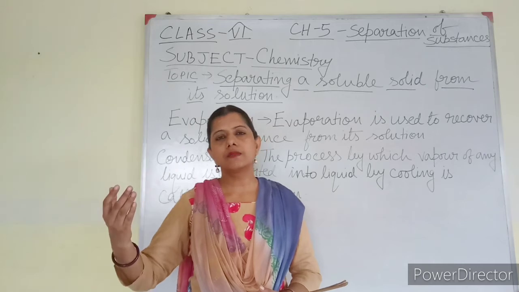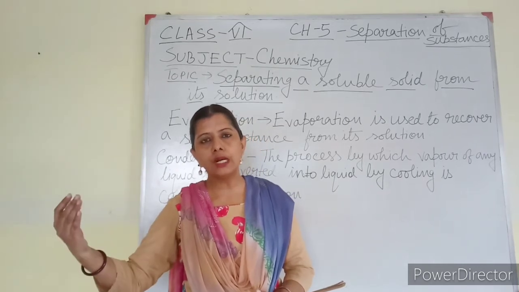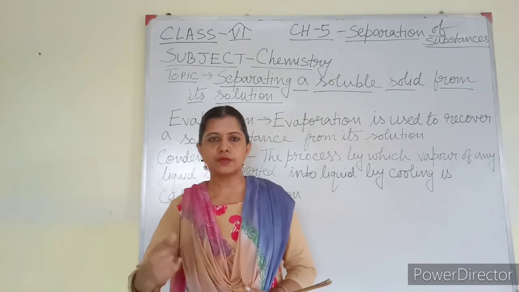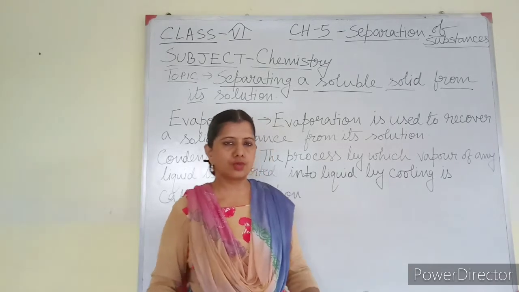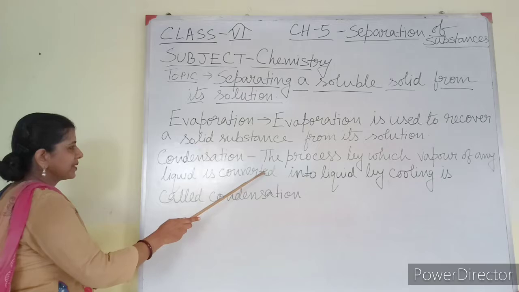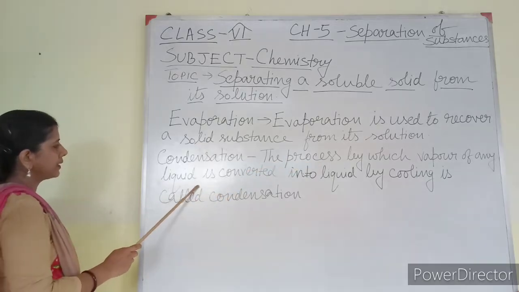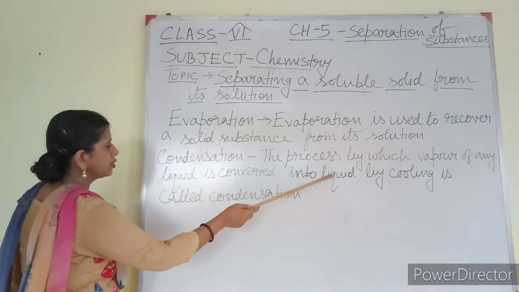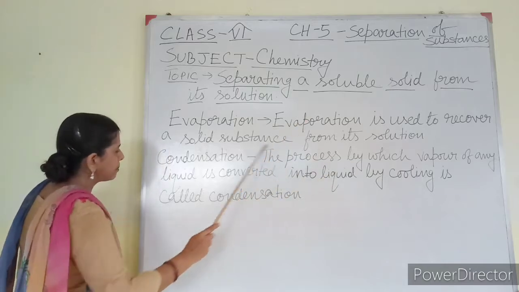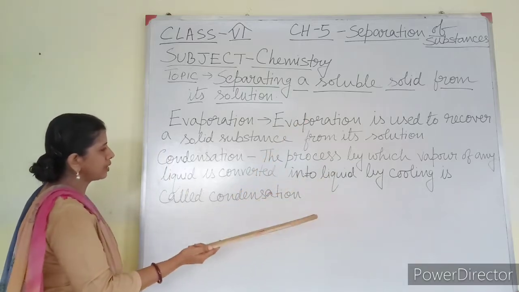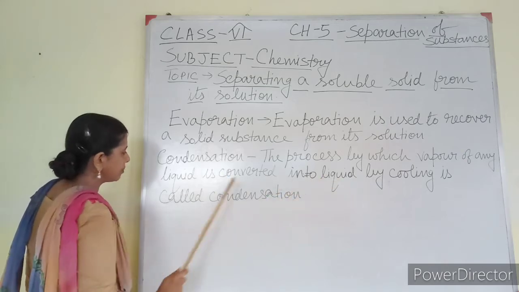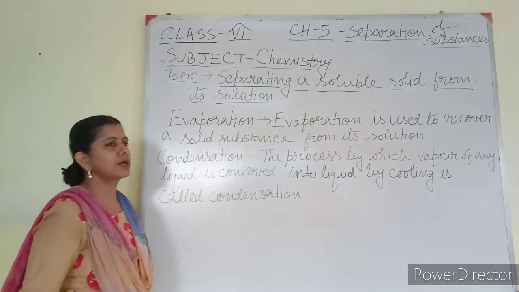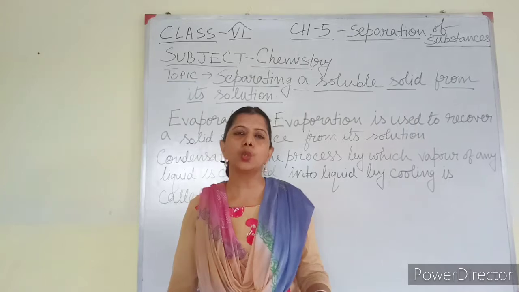So the water vapor becomes cool, and due to that the water falls like rain. This is condensation. Definition of condensation: the process by which vapor of any liquid is converted into liquid by cooling. You have to remember, it happens by cooling.